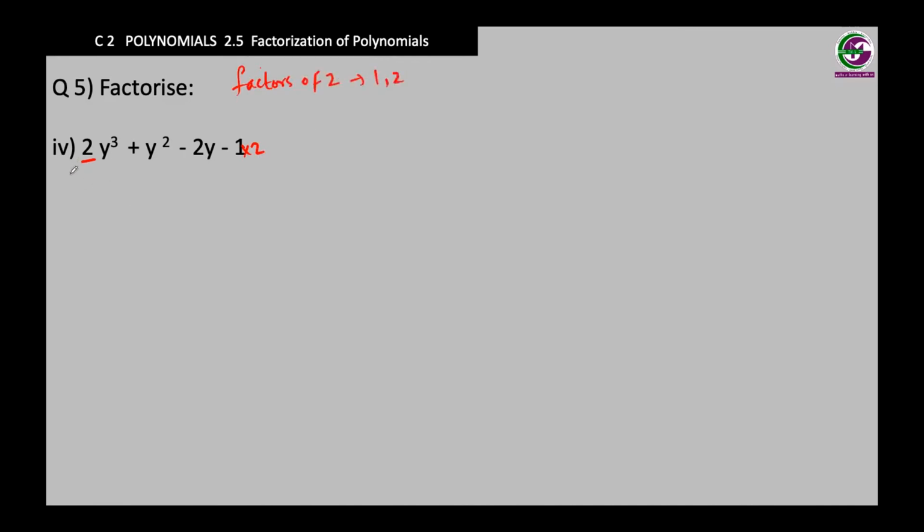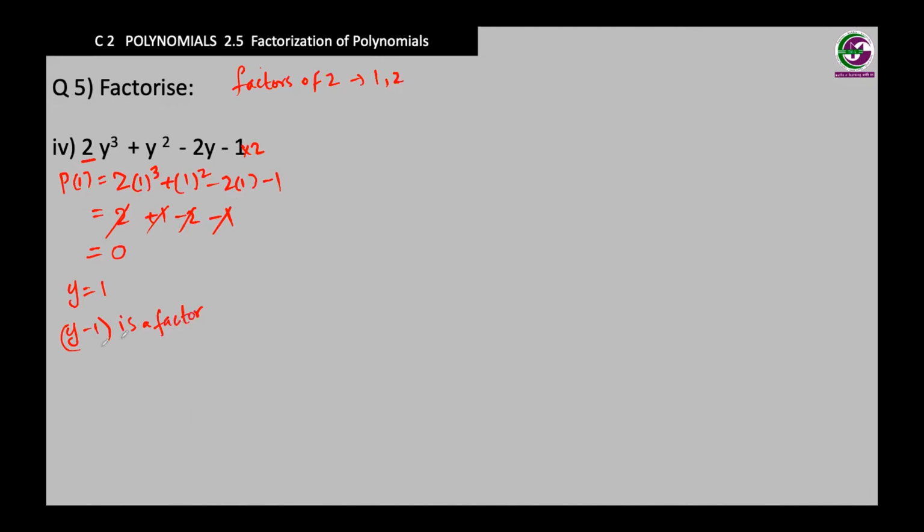So let us substitute: p of 1 is equal to 2 times 1 power 3 plus 1 power 2 minus 2 times 1 minus 1, which is equal to 2 plus 1 minus 2 minus 1. Plus 2 and minus 2 get cancelled. 1 and minus 1 get cancelled, so the remainder is 0, which means that y equal to 1 gives a remainder 0, or y minus 1 is a factor.